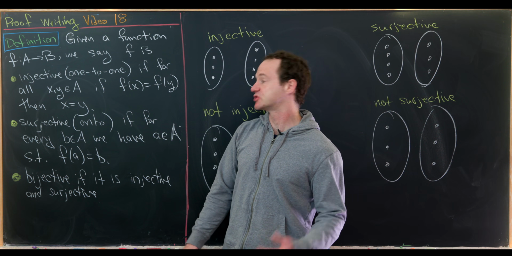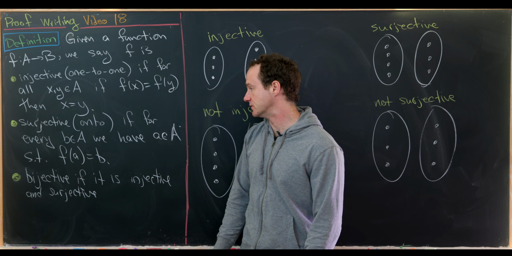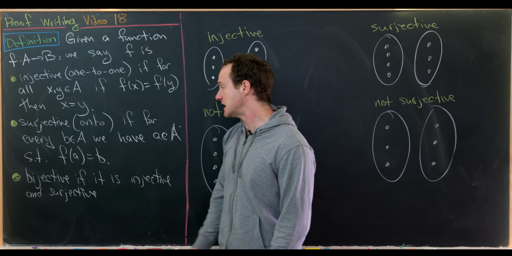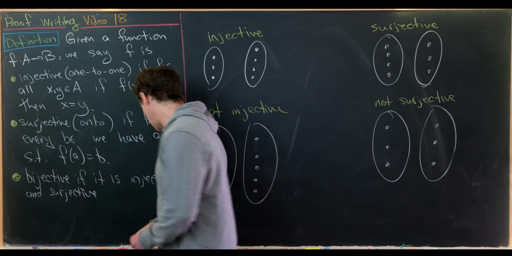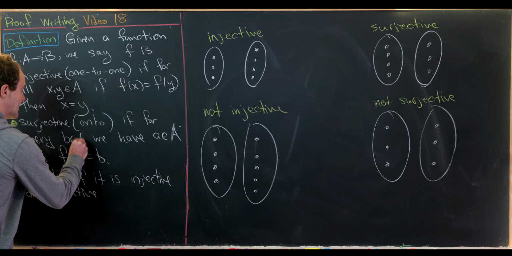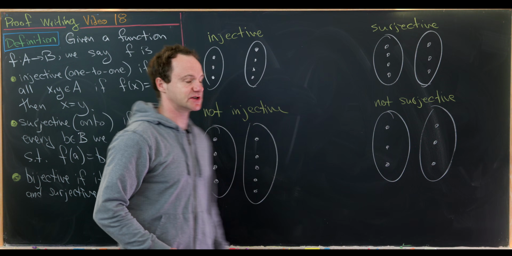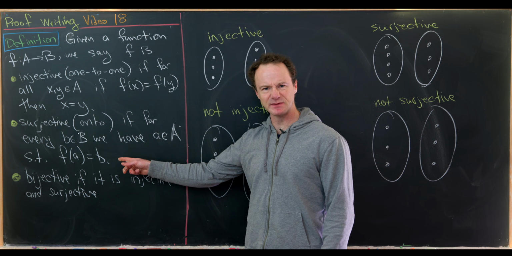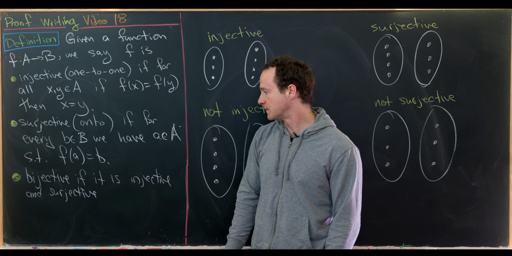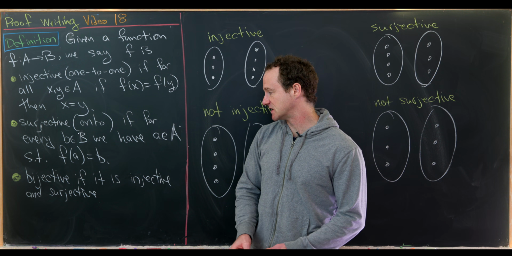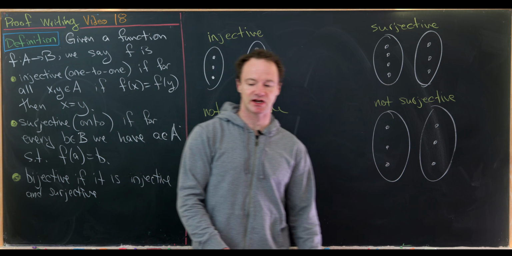Then we call it surjective, or onto, if for every b in B, we have an a in A such that f(a) equals b. So this means everything is landed on. And then we say it's bijective if it's both injective and surjective.